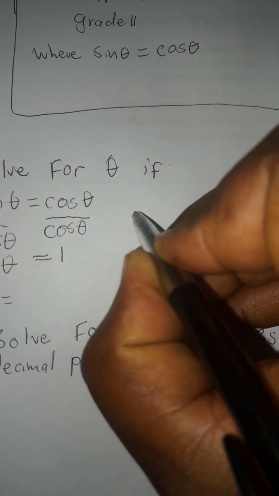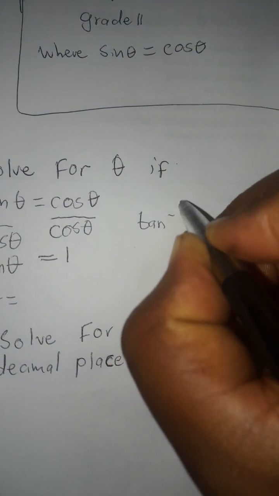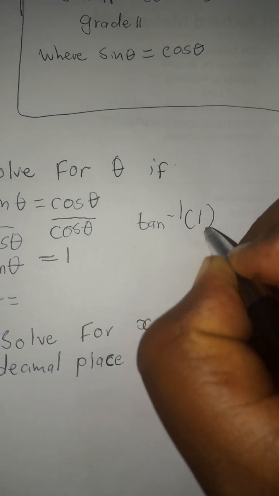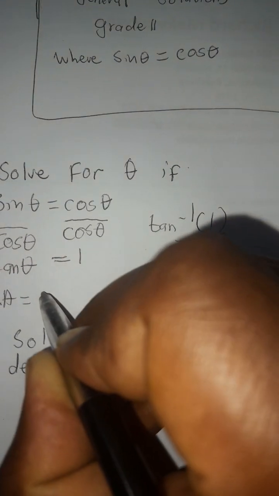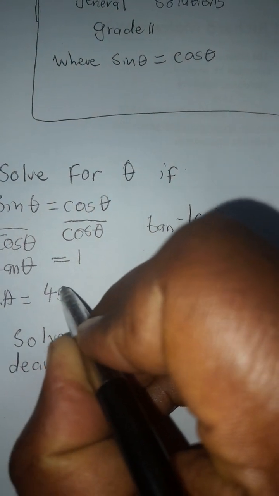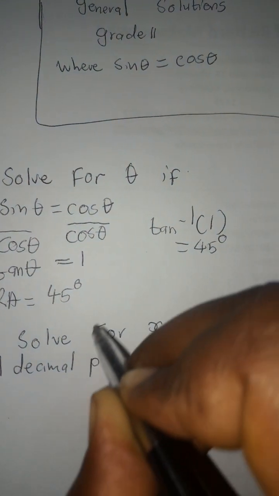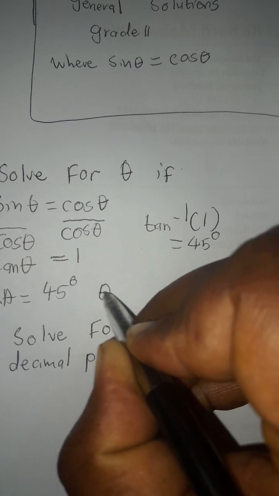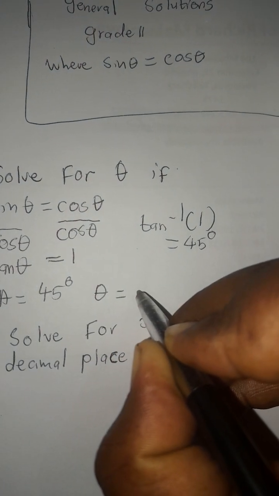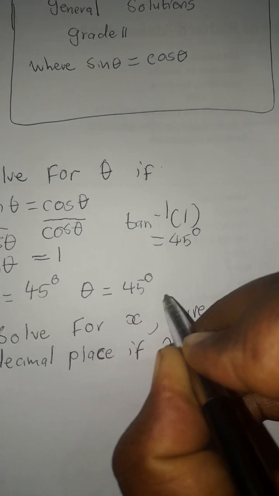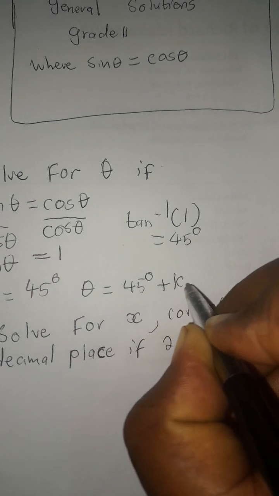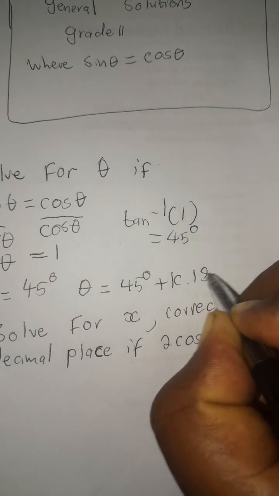You can find the reference angle by finding tan arc of 1. What is the tan arc of 1? It is 45, so here it will be 45 degrees. We are not done. We are solving for theta. So theta will be the reference angle, 45, plus k. Because it's tan, that will be 180.